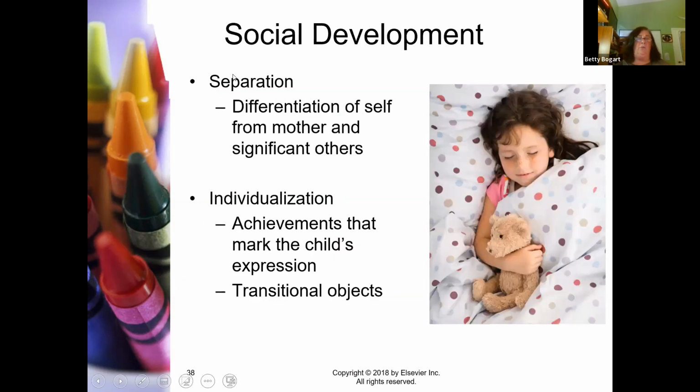As they get older, in toddlers, now they know the difference between people. They know that they have a mom and dad or a grandma, and that these people are different. And they do go through stages of separation. Toddlers still want mom and dad there. They don't want to be left alone.